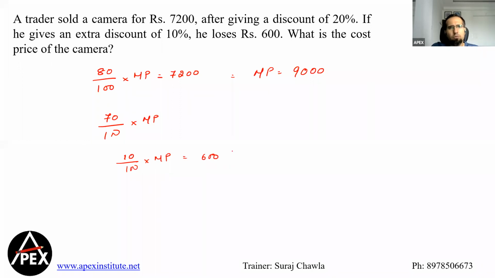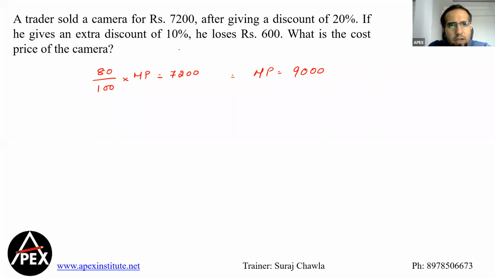Then MP is equal to... he's losing 600 on cost price. Let's see.